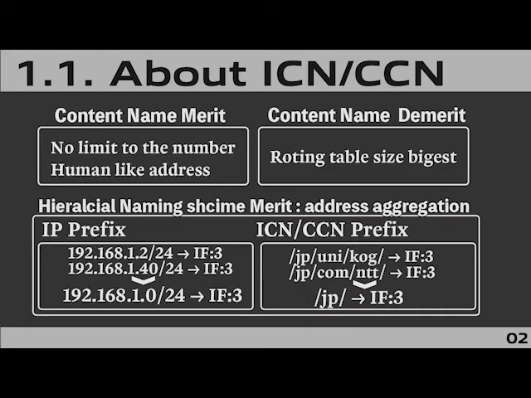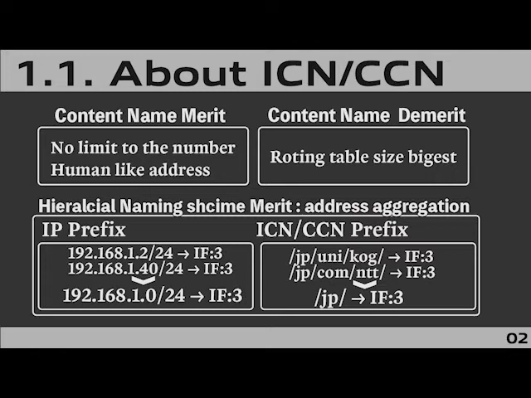The advantages of content names and hierarchical character string identifiers are that there is no limit on the number of addresses when compared with IP addresses, and that the content is easy to understand when people see the address directory. In addition, a common advantage with IP is the ability to aggregate.